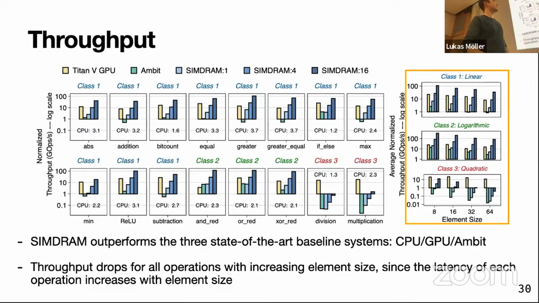Linear in size means that the naive implementation which we have to use using SIMDRAM has to go through all of the elements once, and for multiplication and division, we have to go through the n elements n times to compute the result. Yes, please.